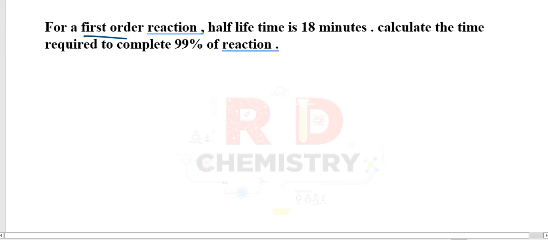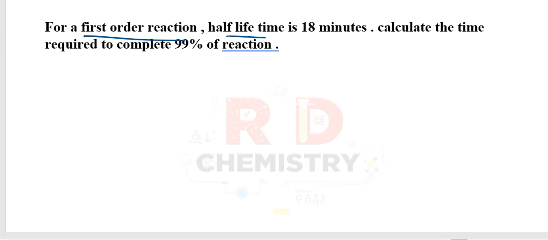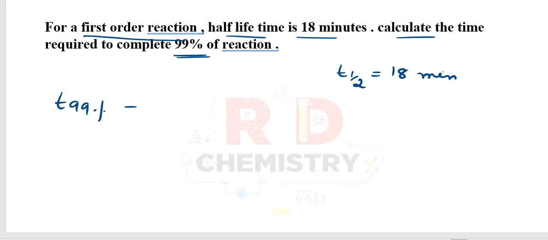Now let's see this problem. For a first order reaction, half-life is 18 minutes. Calculate the time required for 99% of the reaction. So they are given half-life T half is equal to 18 minutes. Remember, T 99%, you remember the number 10 by 3, into T half, into how many nines are there? 2 nines are there, so you multiply by 2, right?